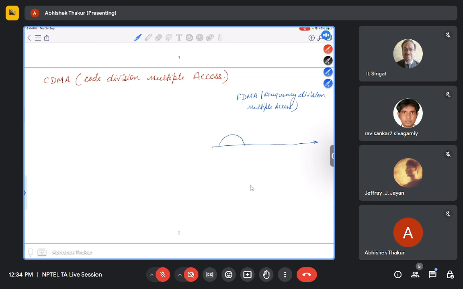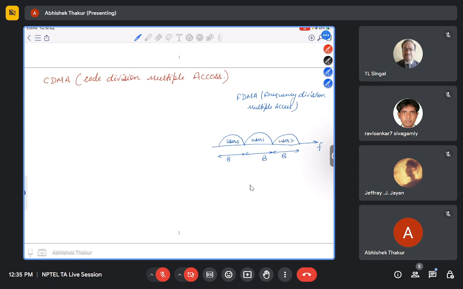So let's suppose this is the frequency, and a particular bandwidth is allocated to user 0, and then this is allocated to user 1, user 2.